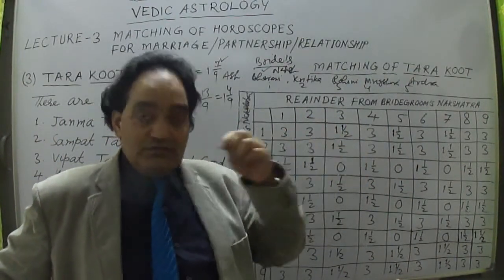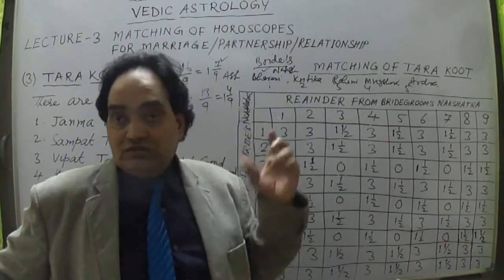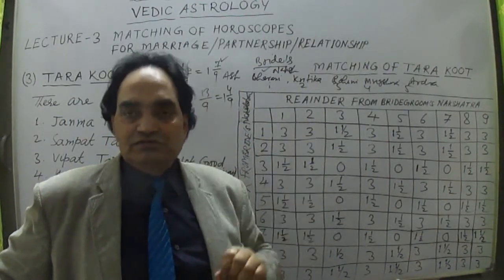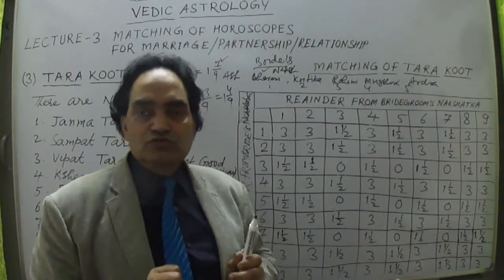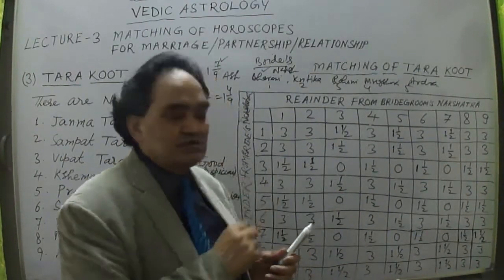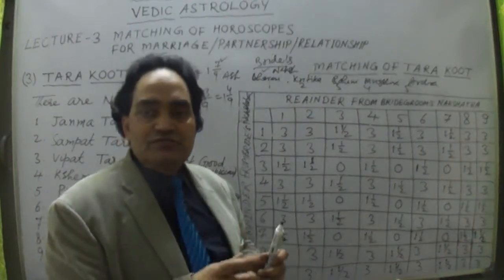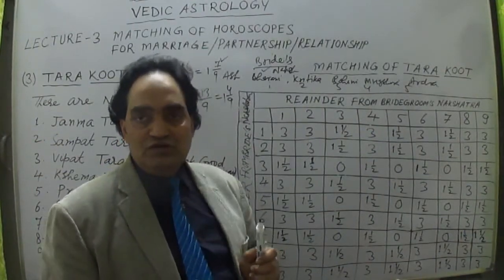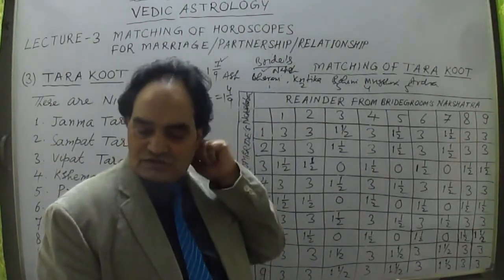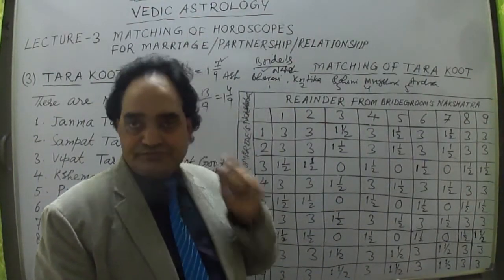This is how these are scientific or astronomical calculations. Whenever mathematics is involved, 100% true things come out of it. So this is a mathematical calculation. This is why a calculation being very systematic and mathematically 100% true is considered good, right? So this is the process of calculating Taras.